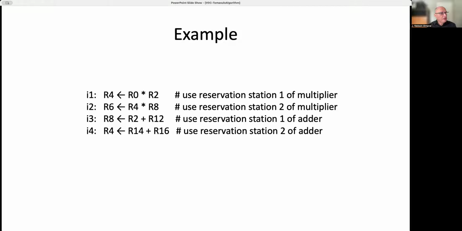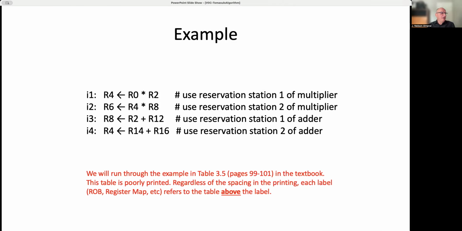If I look at this code, there is a data dependence from the first instruction to the second, and I have an anti-dependence on R2. No, it's a use after use dependence on R2, and I think that those are the dependencies that we have.